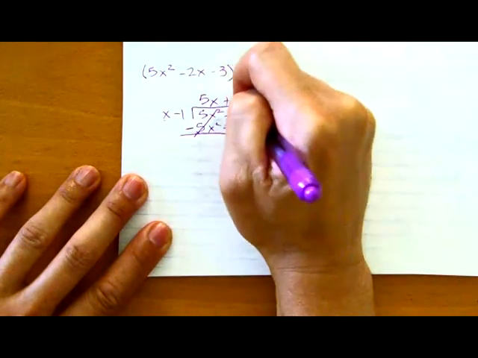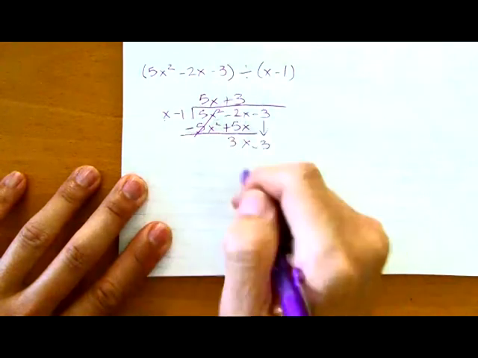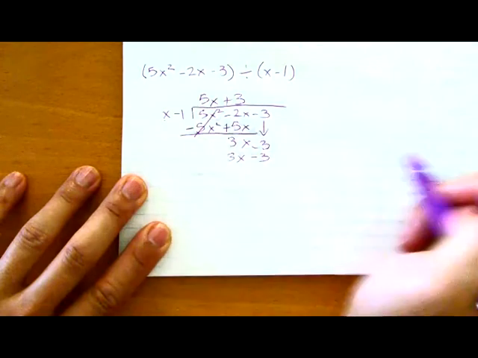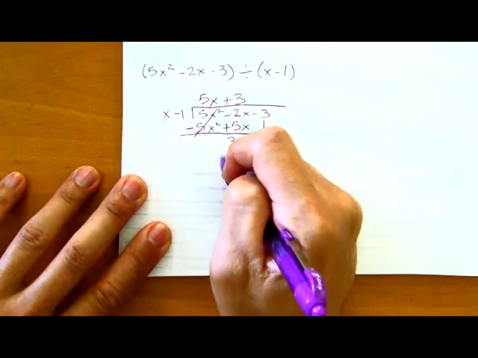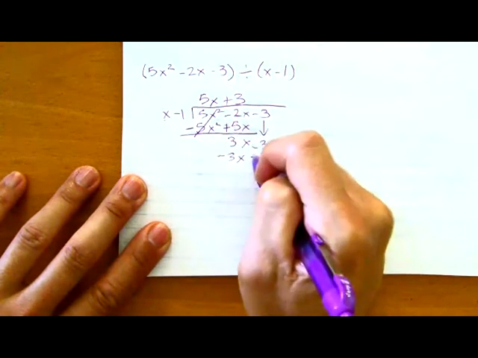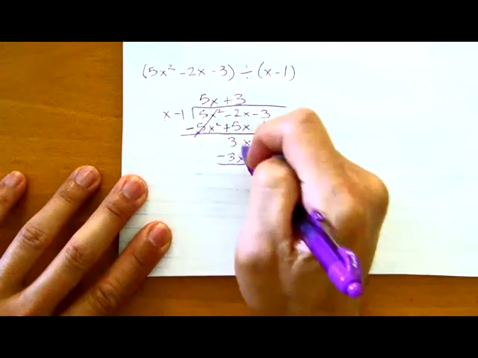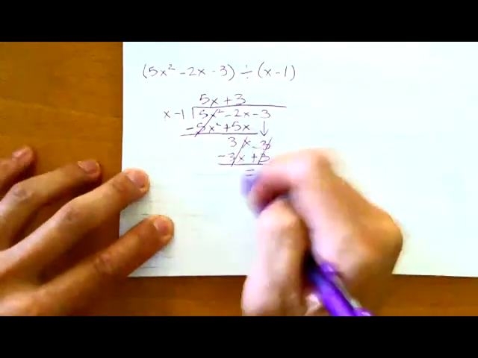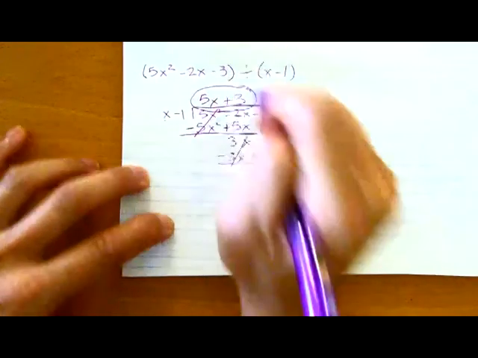A positive 3. 3 times x is 3x. 3 times negative 1 is negative 3. If I subtract, that means the signs change. This becomes minus, this becomes plus. If I add straight down, that cancels, that cancels. There's no remainder. This is what we're looking for.